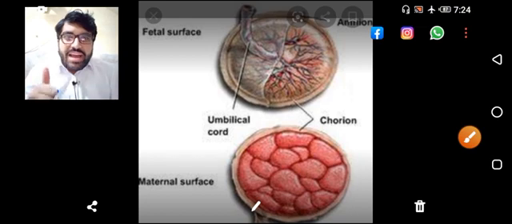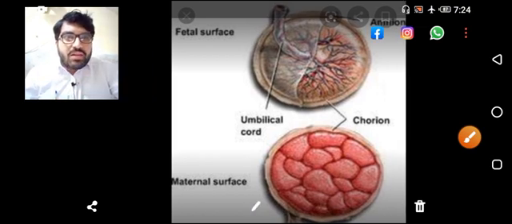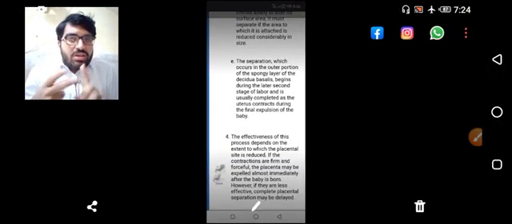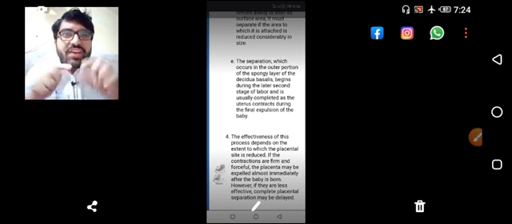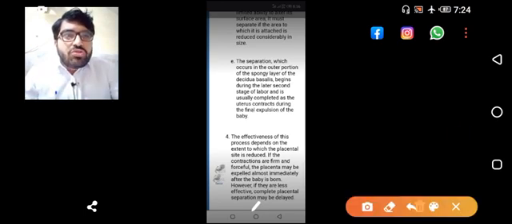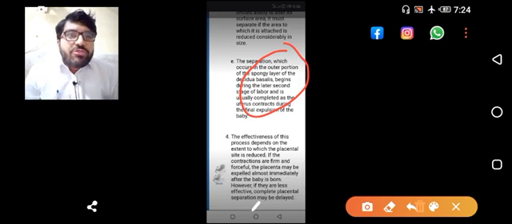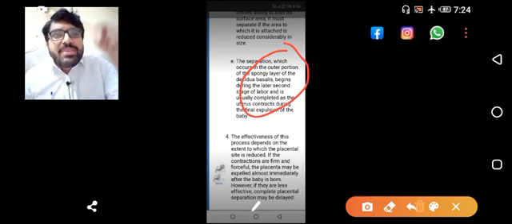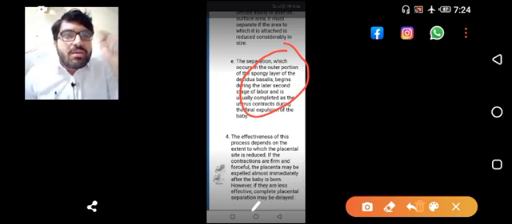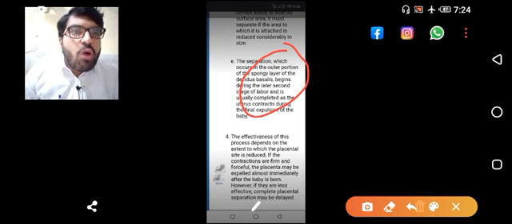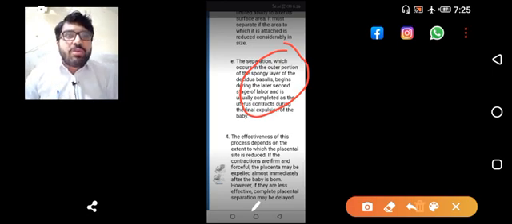So that option was right, that the fetal surface is covered with amnion. The other option was that it separates through the spongiosum. That is also right. Focus on this: the separation of the placenta occurs in the outer portion of the spongy layer of the decidua basalis. That is also right.